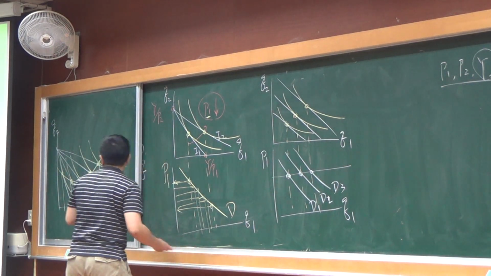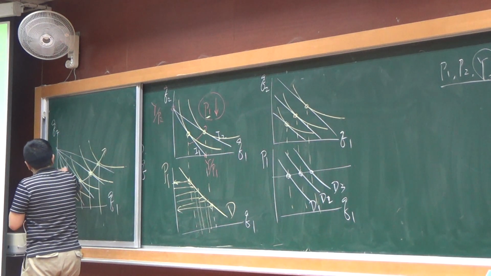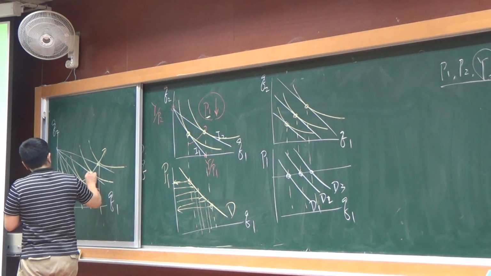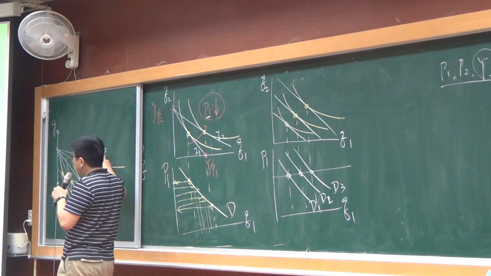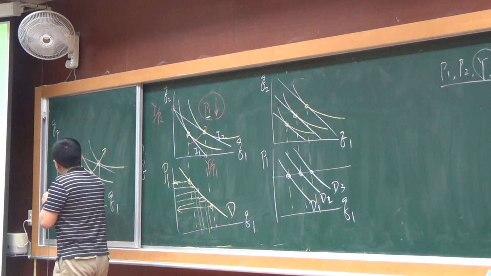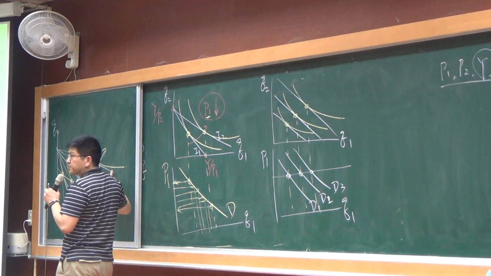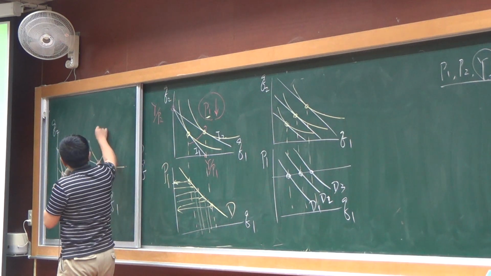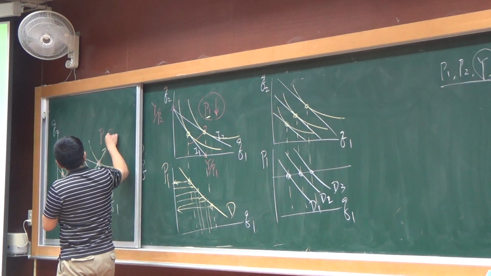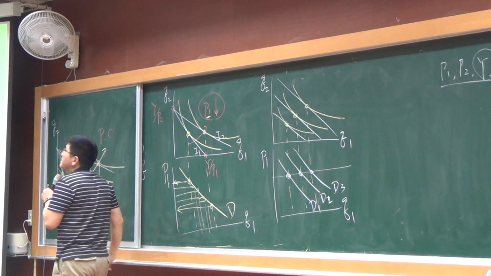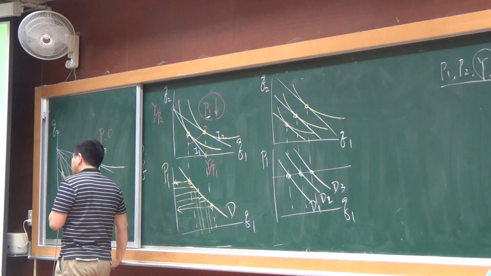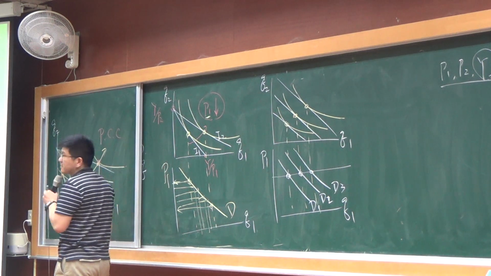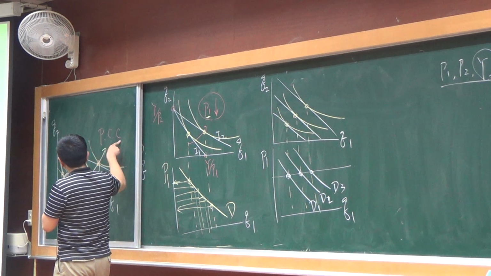Higher income, more consumption. So it's a normal good. And let me introduce to you something. We make a curve connecting all equilibrium points. And because the change is due to the price, due to P1, we call this curve PCC, price consumption curve.